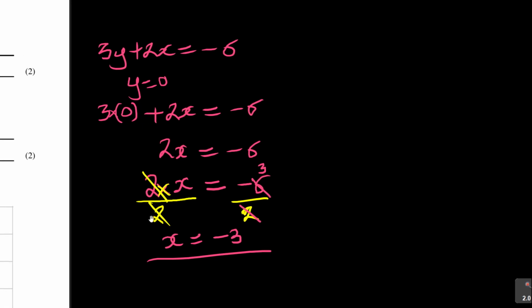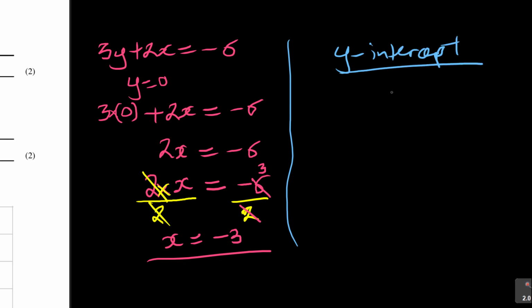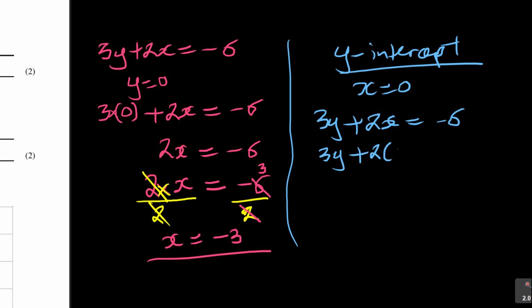Had they said, what about the y-intercept? Let's say they wanted you to do x and y-intercept. What you need to remember is that x is equal to 0. You do the same thing. 3y plus 2x is equal to minus 6. Now, remember, it's the x this time. 3y plus 2 bracket 0 is equal to minus 6. This is just extra, you know. So this becomes 0 altogether.